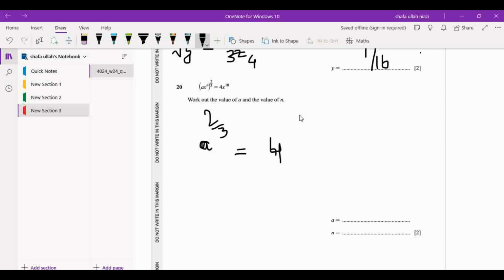We take the power 3 over 2 on both sides, so this will become raised to power 3 over 2. So a will be equal to 4 power 3 over 2.